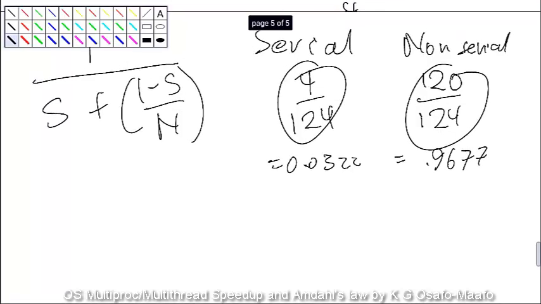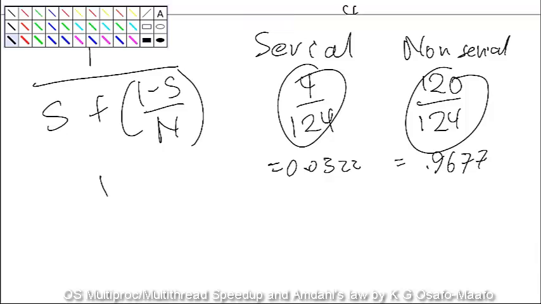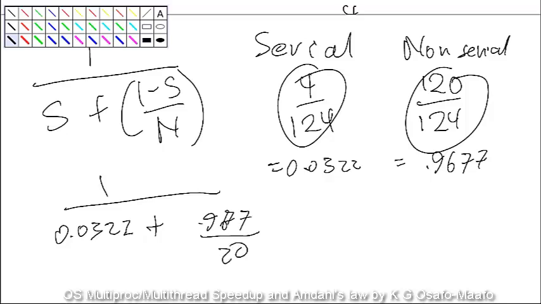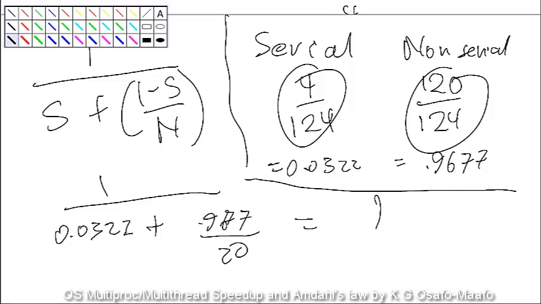And you'd see it's actually, once you've done the first one, doing the second, third, fourth, I don't know, 100th, it's easy to do, right? Plus 0.9677 divided by 20. Right? And this is 1 divided by 0.0322 plus 0.9677 divided by 20.